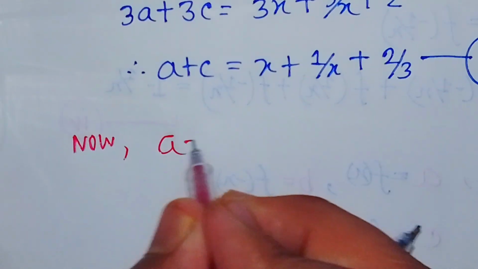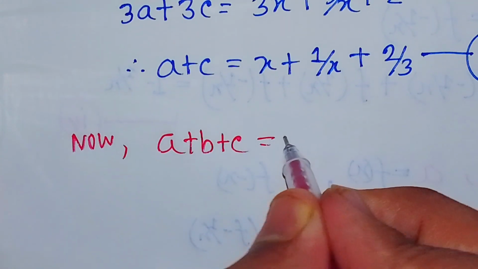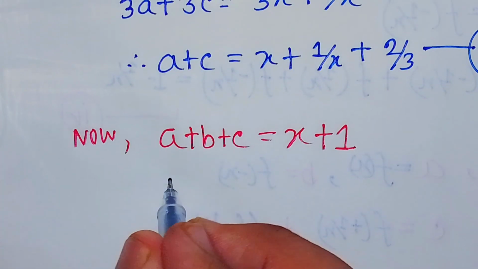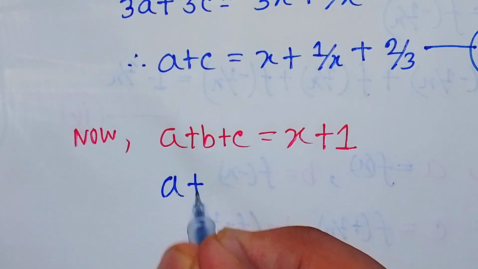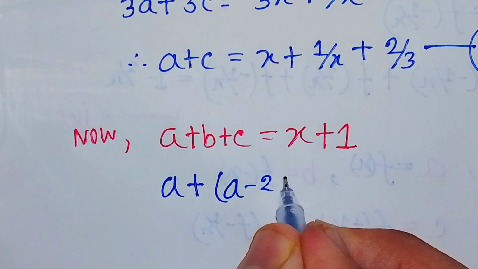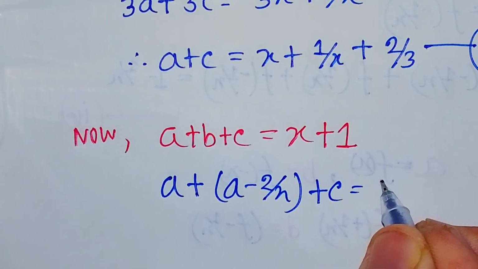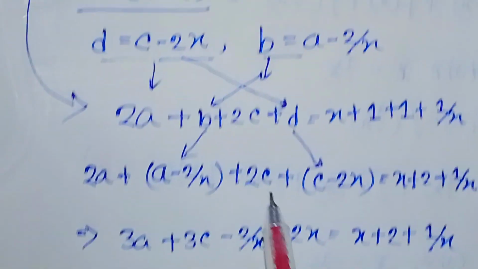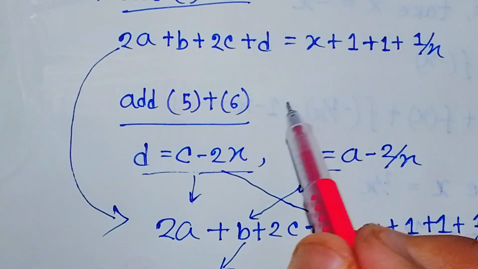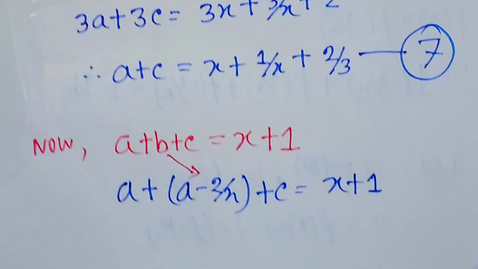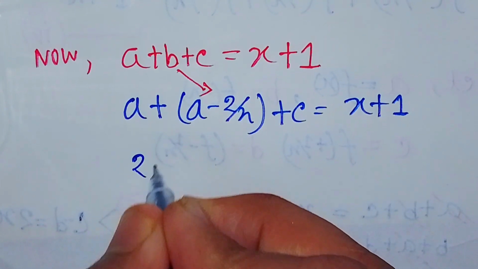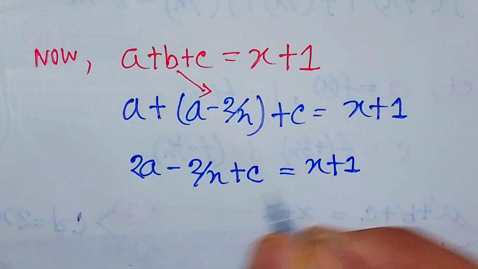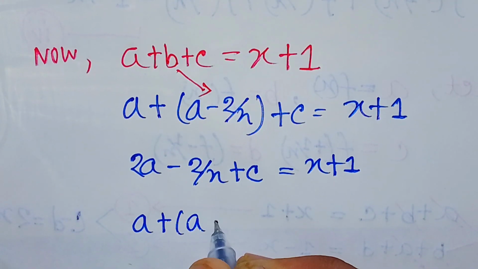So now we can easily write a + b + c = x + 1. Perfect. Now we can write a + (a - 2/x) + c = x + 1. Why do we write this? Because this is the b value we get from the right side, and we are replacing it here. So now the equation will be 2a - 2/x + c = x + 1.